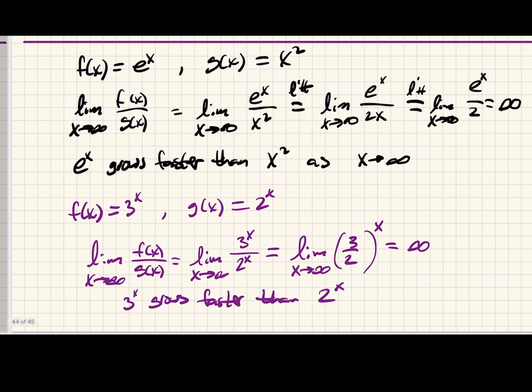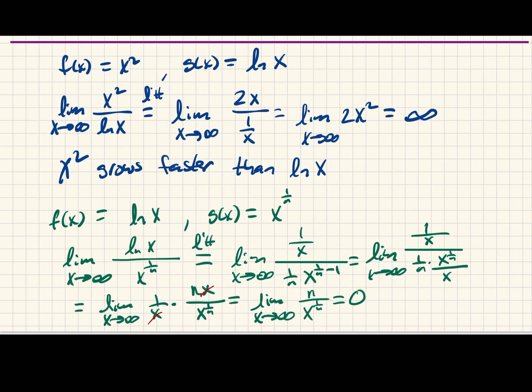Okay, any questions? So for any value of n, the natural log x will always grow slower. n has to be constant, right? And it is, because with regard to our limit, the only thing that's varying is x. n is not varying with regard to the limit.